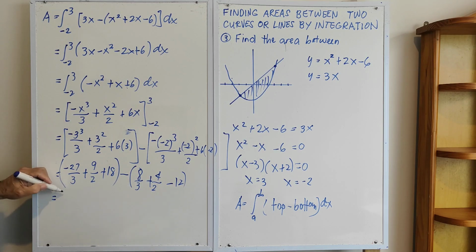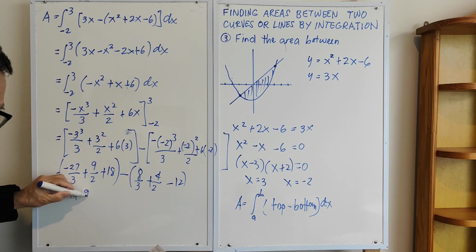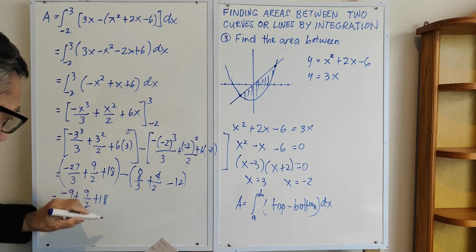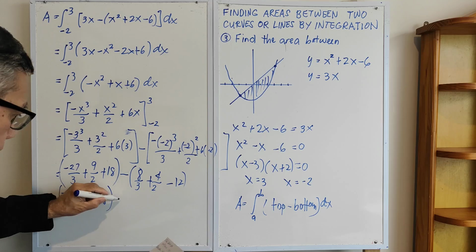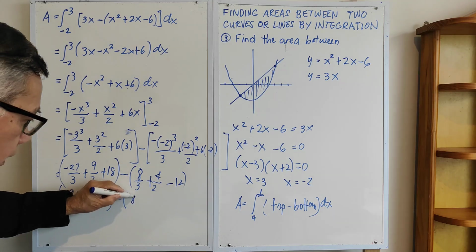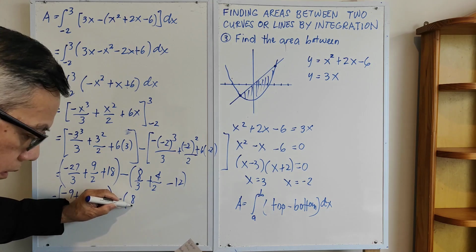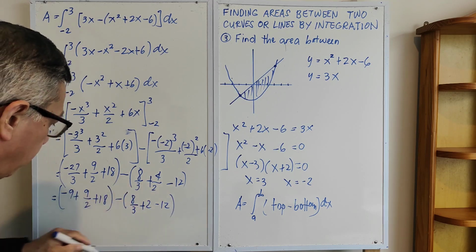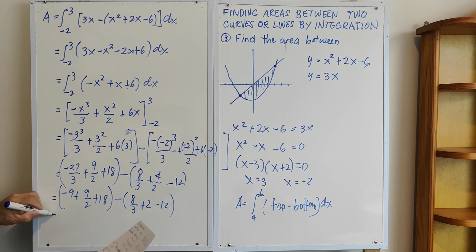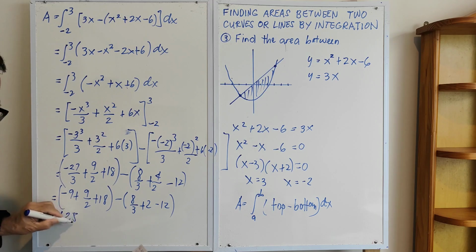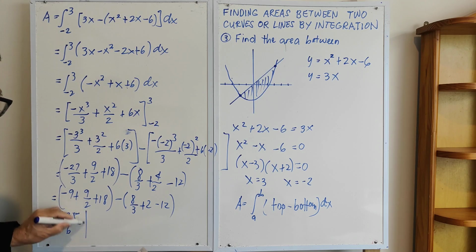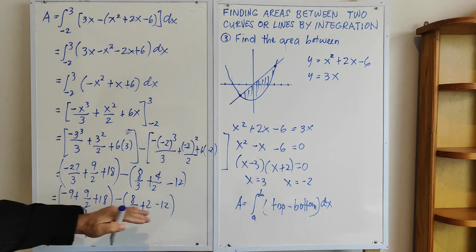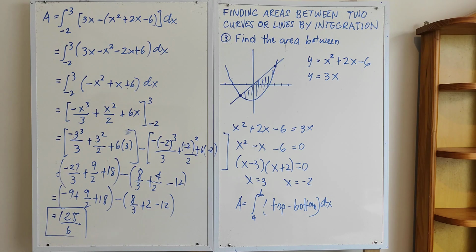So this is negative 9 plus 9 over 2 plus 18 minus 8 over 3 plus 2 minus 12. I will just do a shortcut. This will become 125 over 6 if we continue to process that one.